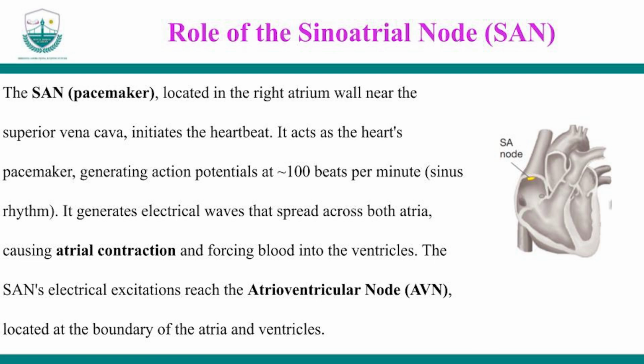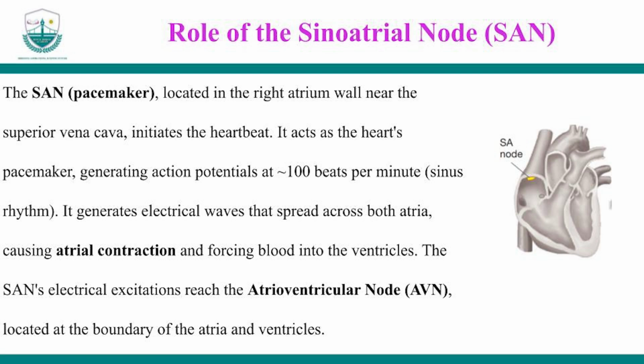That part is located near the superior vena cava in the right atrium. This is the superior vena cava, and this is the right atrium. That's where you find the point where the heart contractions start from, and we call that point the sinoatrial node.